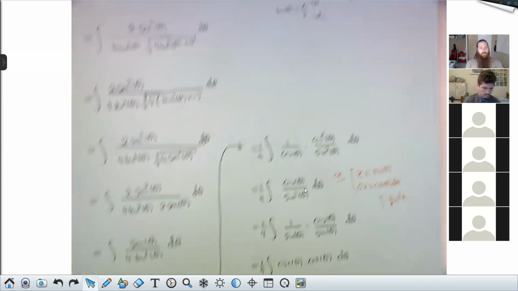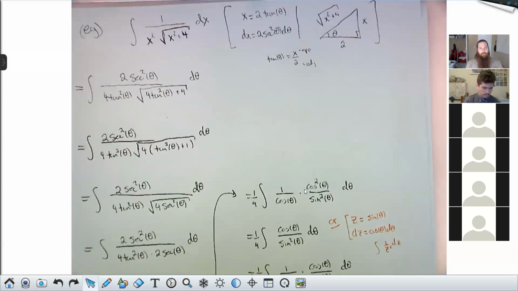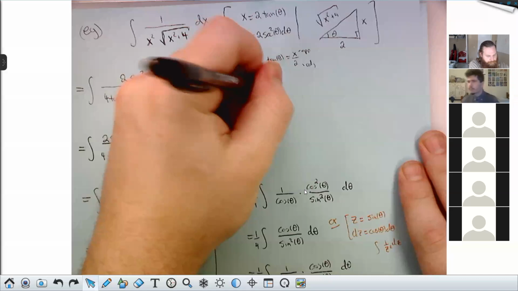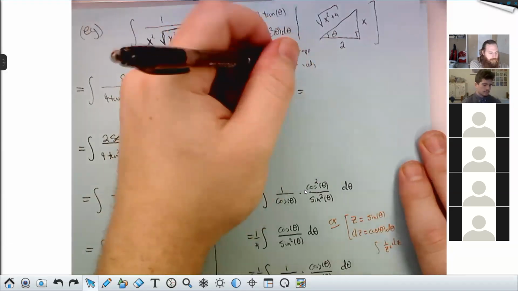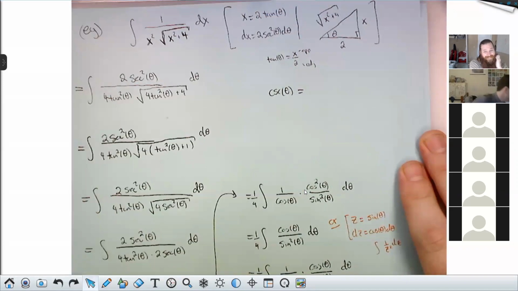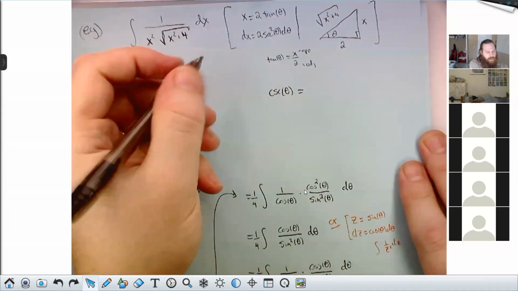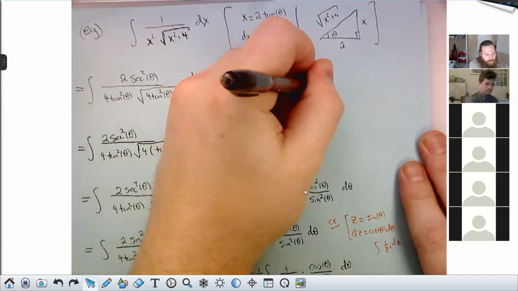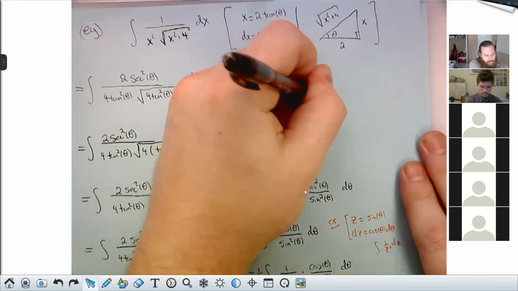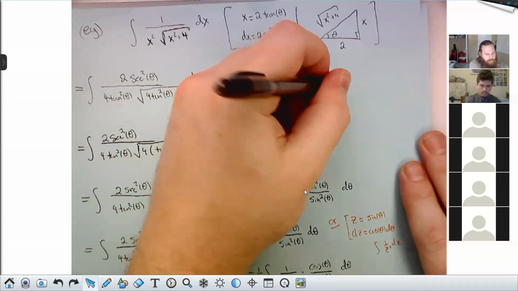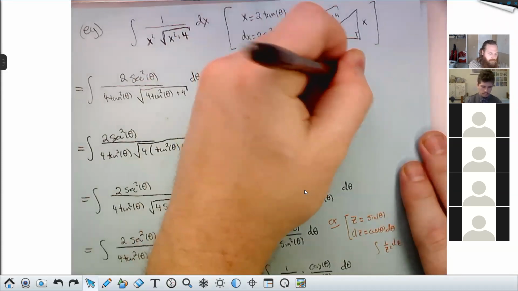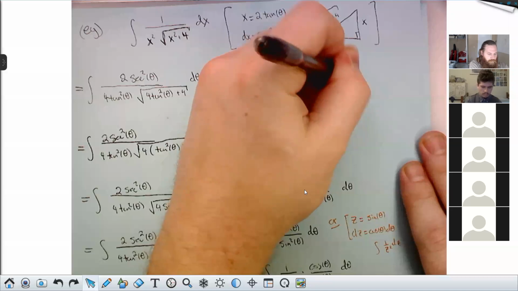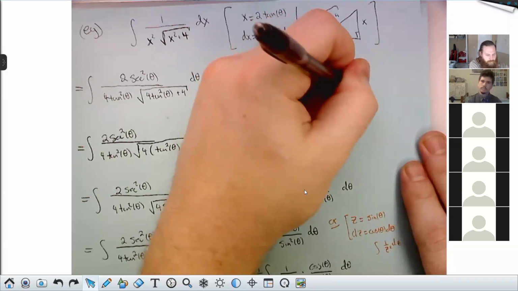So you need to come back to your triangle. I need cosecant theta, which I know is the reciprocal of sine. Sine is the opposite over the hypotenuse, so cosecant is the hypotenuse over the opposite, which is the square root of x squared plus 4 over x.